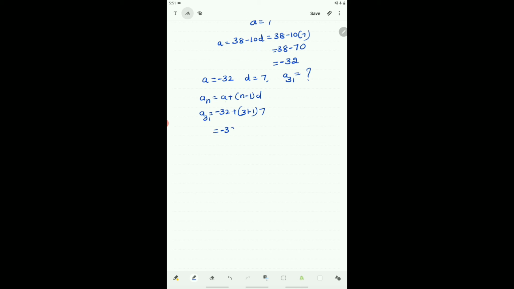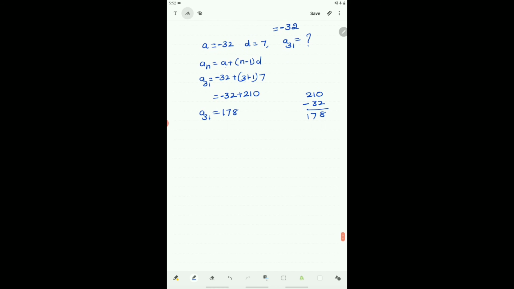Then minus 32, 31 minus 1 is 30, that is 30 into 7 is plus 210. Then A 31st is equals to 210 minus 32, that is 178. So the 31st term is 178.